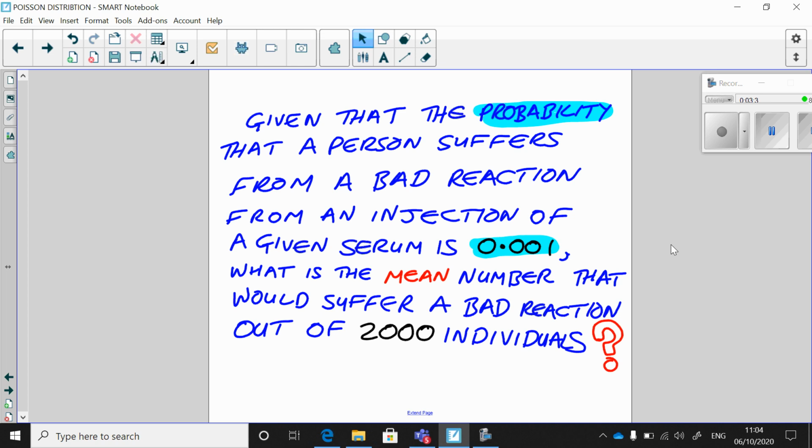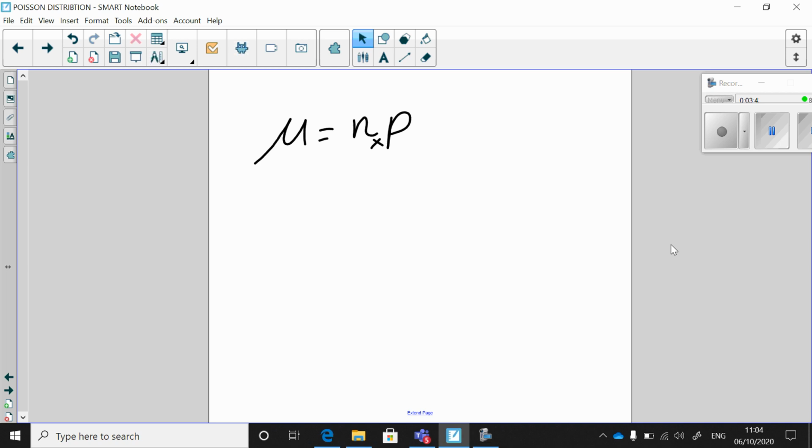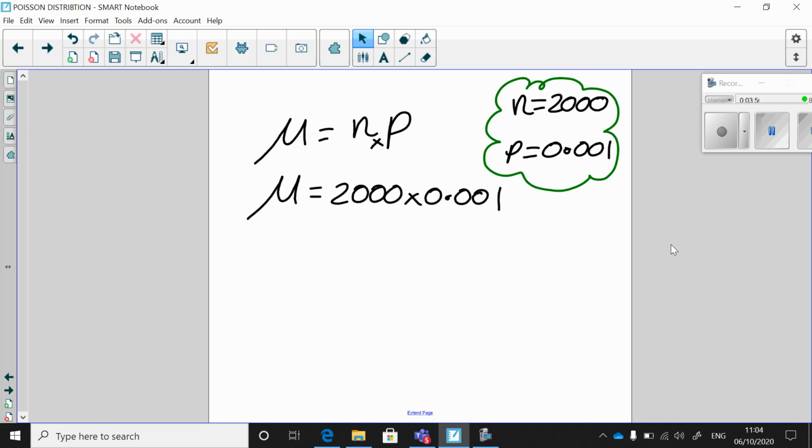They're asking for the mean, so we're going to use n times p, as we saw previously. n is 2,000, p is 0.001. I'm going to fire them in and give you a nice answer there. Okay, so our mean is 2. That looks okay.